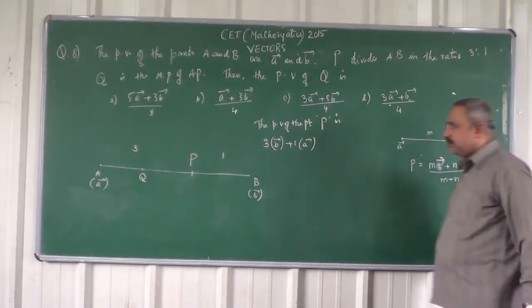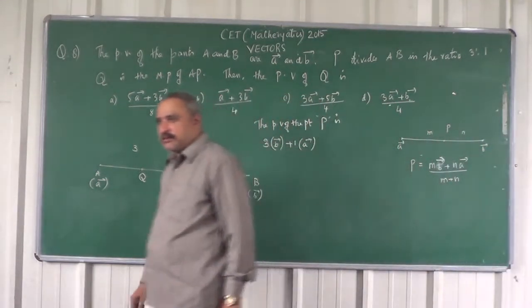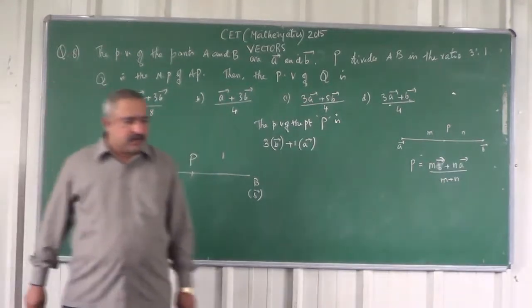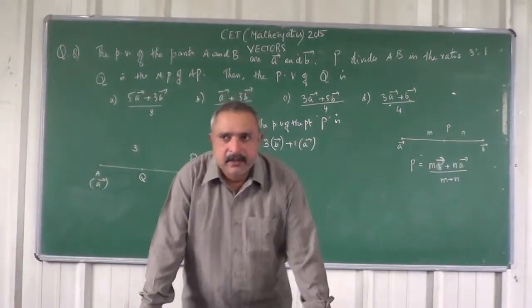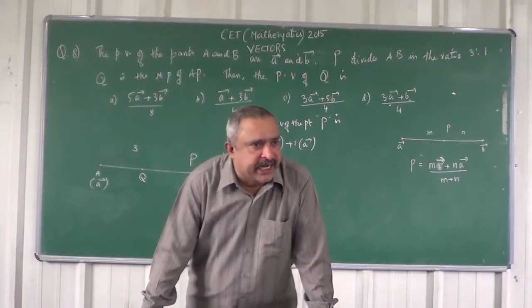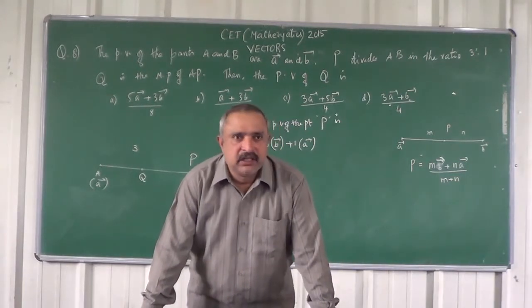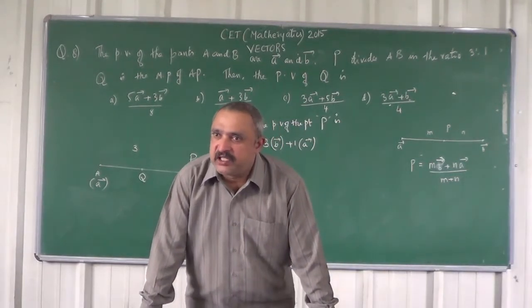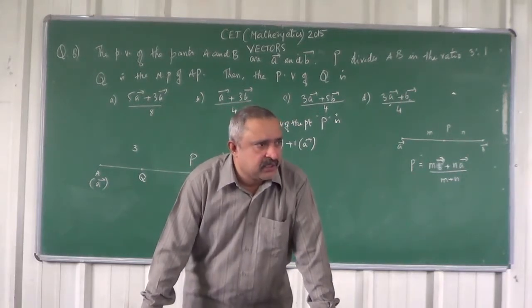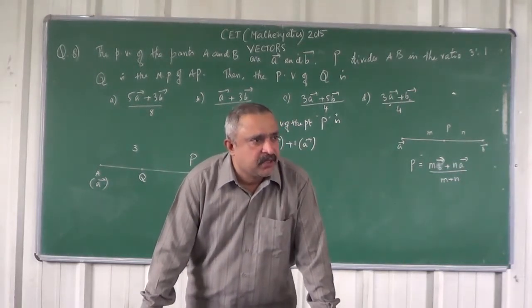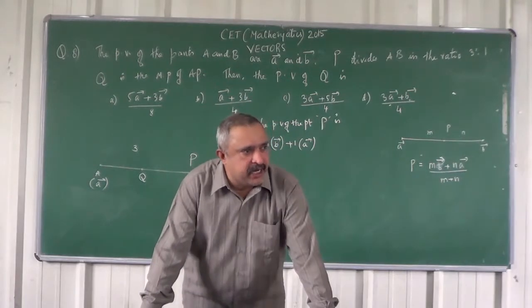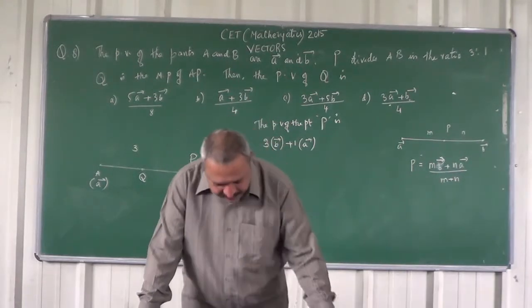Make sure of that. It's there in the material also. If you have any confusion, we can derive it and check which is the correct one. That won't be asked in the examination. Remember, the formula is M into vector B plus N into vector A.